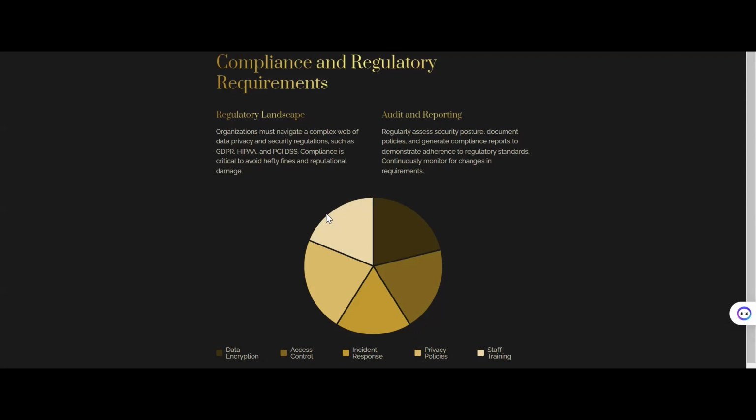Audit and reporting. When these documents and policies have been applied, they are regularly assessed by security professionals, who generate compliance reports to demonstrate adherence to regulatory standards. Audits do come. With financial or other businesses, they hire the Big Four or other auditing and accounting firms.